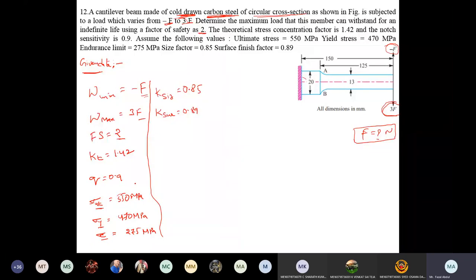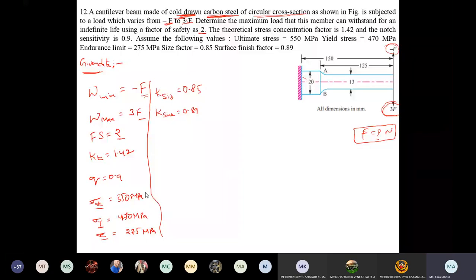Now, how did I say to use Goodman and Soderberg? See here, ultimate tensile strength is given, so ultimate means Goodman. Yield strength is given, so we can also calculate using Soderberg. It means such a problem needs to be calculated with both the Goodman relation and the Soderberg relation. From these two you will get two values of force.